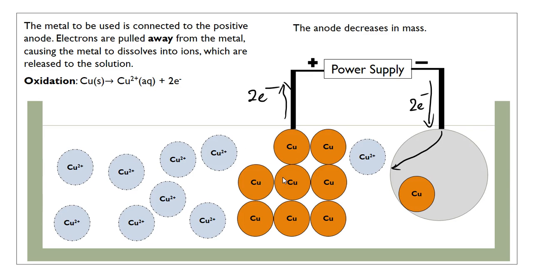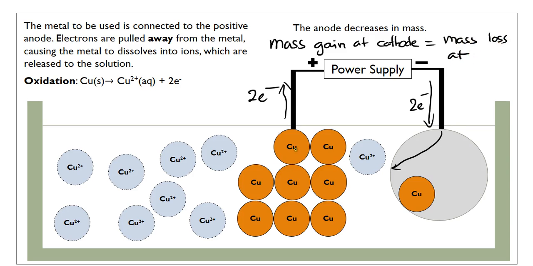And if you do this experiment, you should be able to measure the change in mass of the cathode and the anode. If everything goes well, then the loss in mass at the anode has to equal the increase in mass of the cathode. So mass gain at cathode is supposed to equal mass loss at anode, but you almost will never see this.